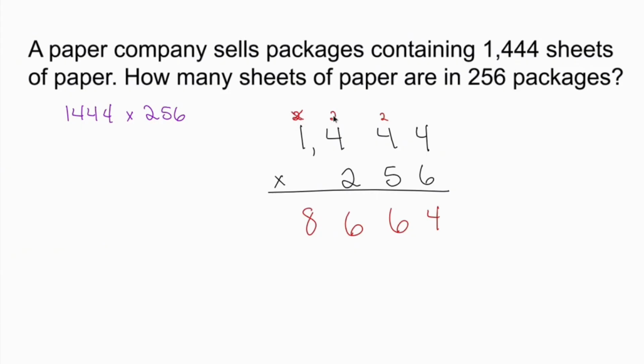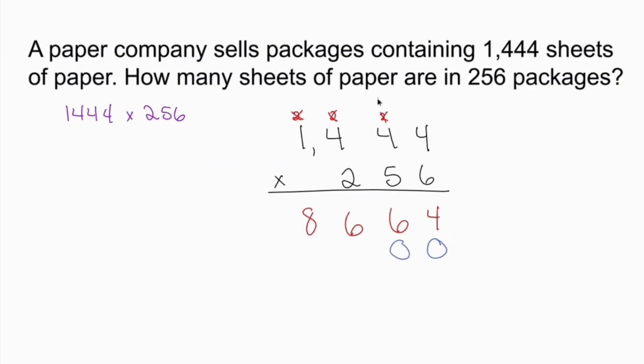Let me cross out the 2's because I'm going to repeat the process with 5, and I don't want to accidentally use these numbers again. So now we go to our number in the tens place value. You're going to automatically place a 0 in the ones place value whenever you do that and before you begin. So repeat the process. 5 times 4 is 20.